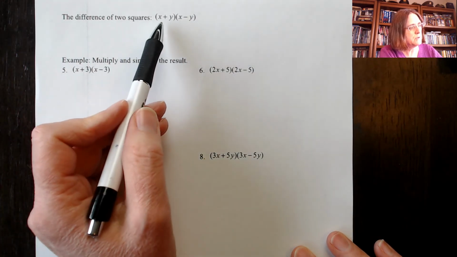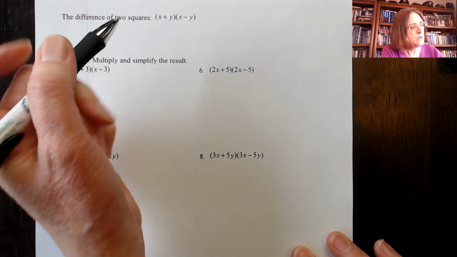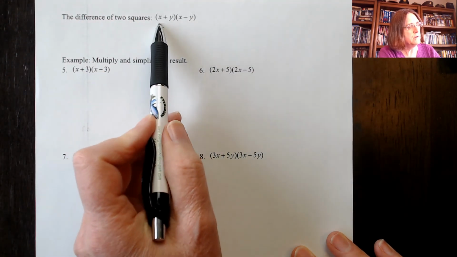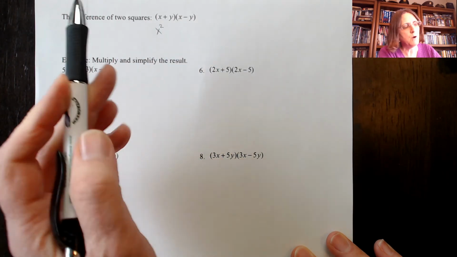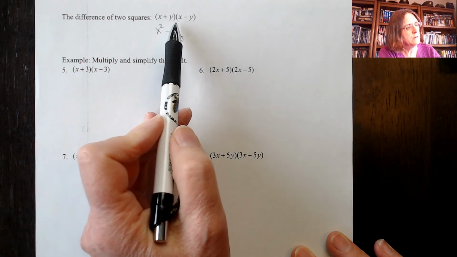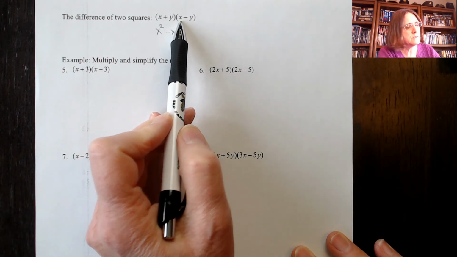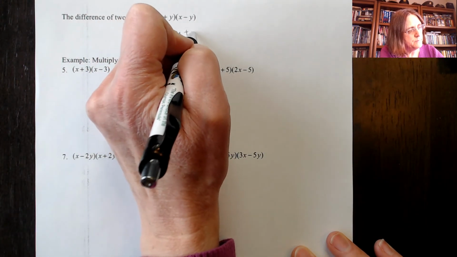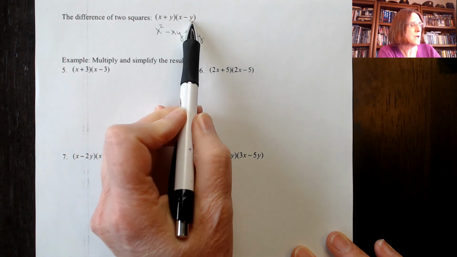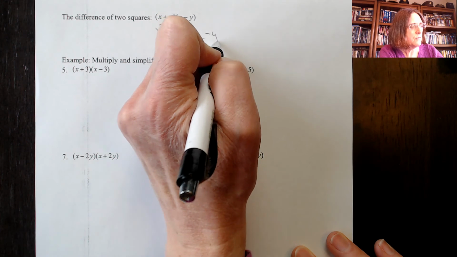So first, we take the x times x, which gives us x squared. Then we're going to do outer. X times negative y is negative xy. Inner, y times x, which is xy. And last, y times negative y is negative y squared.